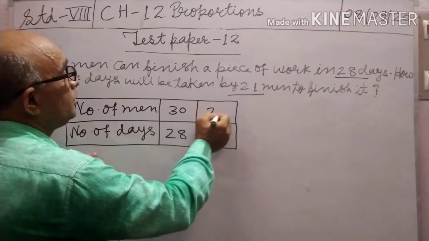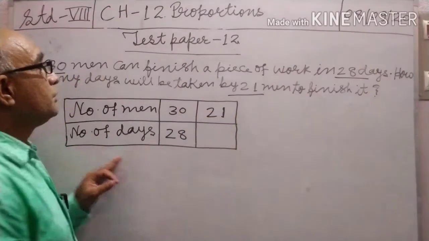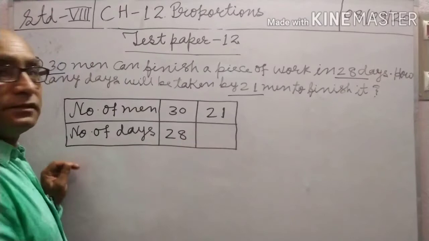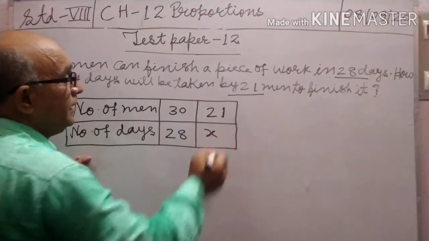Now number of men is 21. Let the required number of days be X.